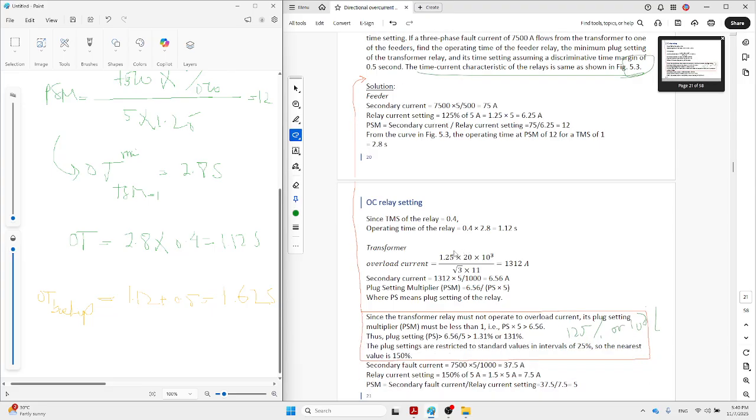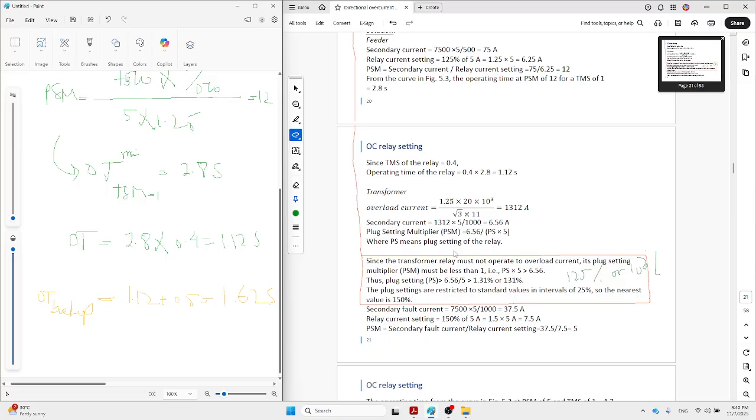The other thing we have to calculate is the PSM for this relay. It is equal to the fault current for relay number one, the front relay, times CTR.